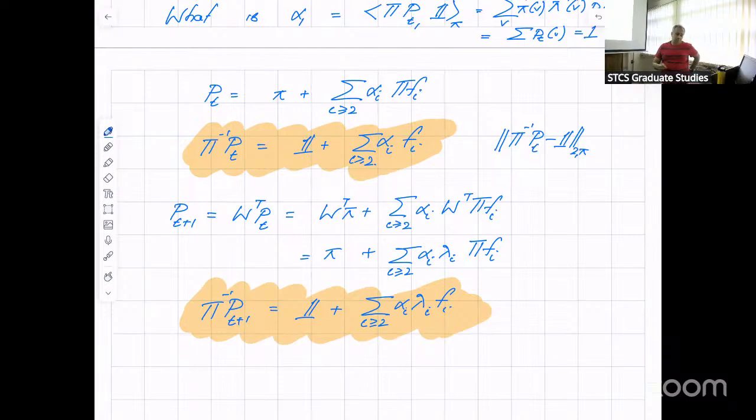The square of its 2 norm is going to be summation alpha i square, where i is greater than or equal to 2. Similarly here, pi inverse P^(t+1) minus 1, what is this going to be? Each of them is scaled by lambda.